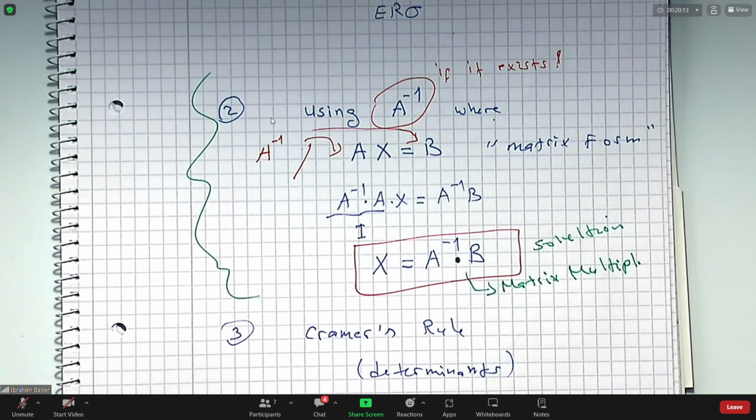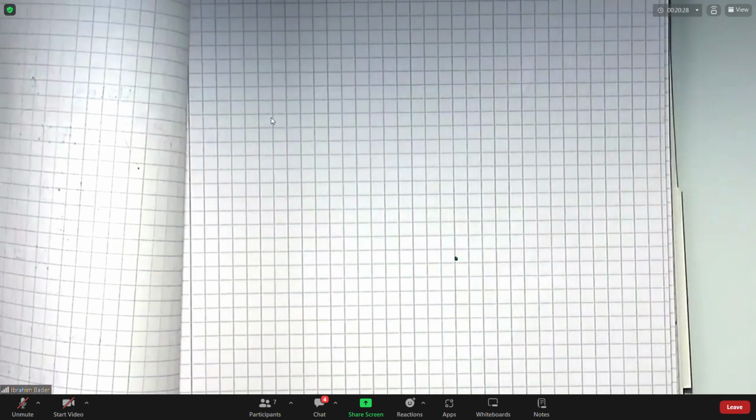Now, before I start, I just want to remind you about what we did last week. Last week we defined matrices. We defined special types of matrices. And we started by defining basic operations on matrices, in particular, addition and subtraction.